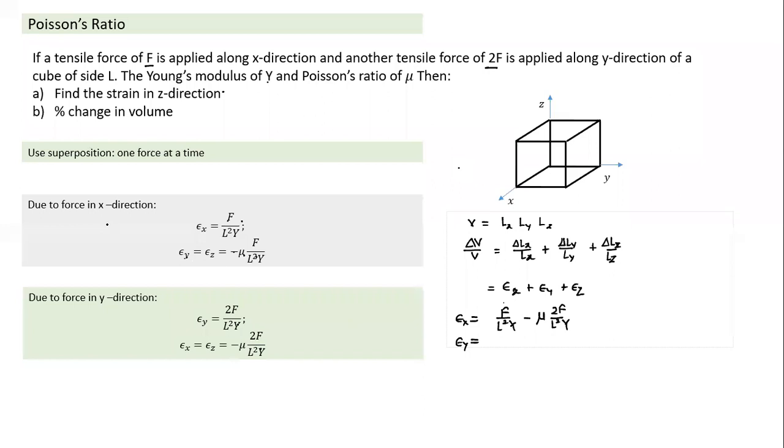Epsilon y also we take, because of superposition, we have to take both together. Epsilon y will be equal to 2F divided by L squared Y minus mu times F by L squared Y. Yes. So that is what Poisson's ratio is about.